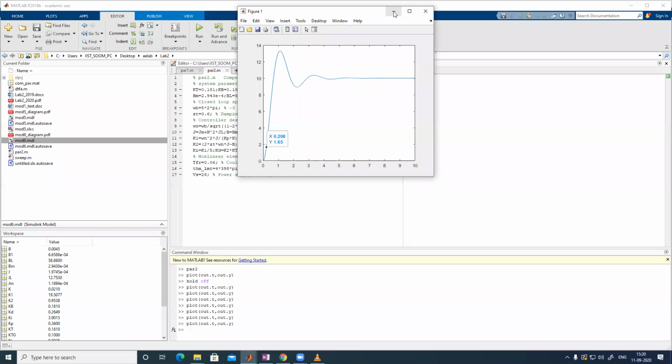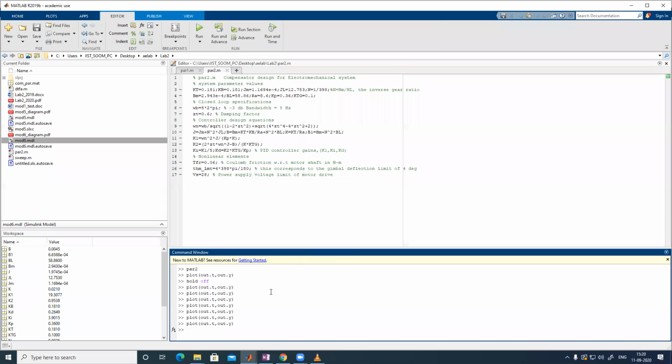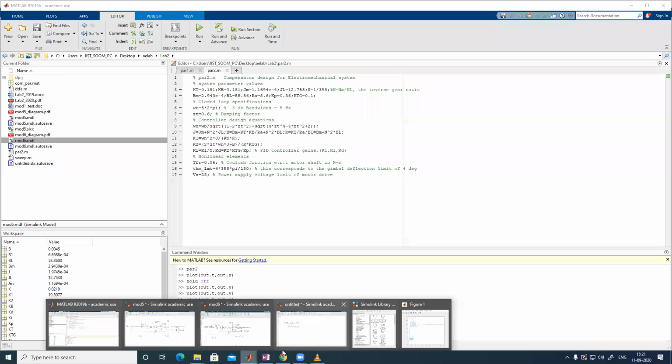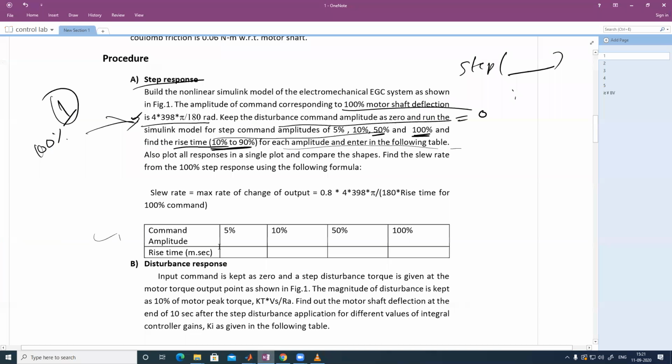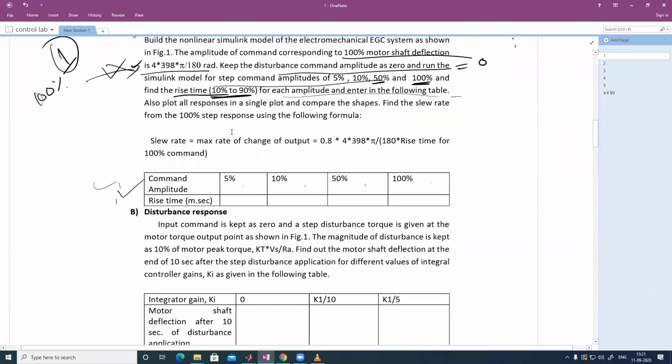So you have to do it on your own. MATLAB will not give anything. So 100% command amplitude is this one, and the rise time for 5%, 10%, 50%, 100% you have to calculate. That is the step response, the first part.